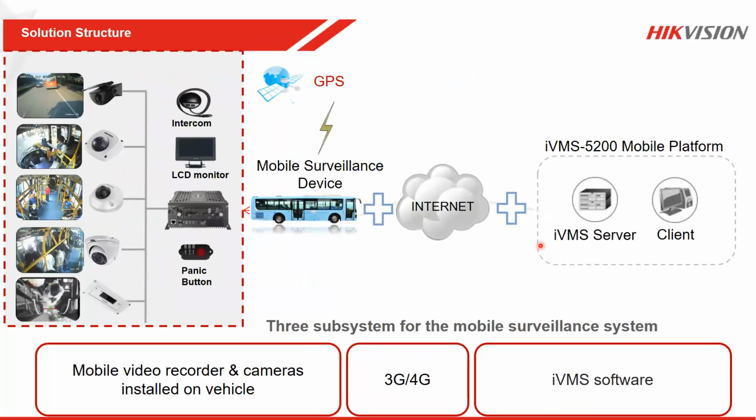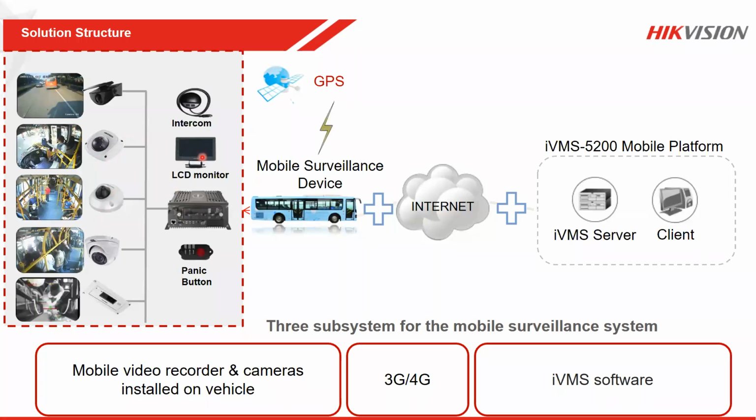Okay, so if you take a typical bus type of solution, let's say we look at a public service bus, we have our mobile cameras, so our front-facing cameras, indoor cameras, people counting camera as well. And to that, we have our mobile recorder, a DVR or NVR.